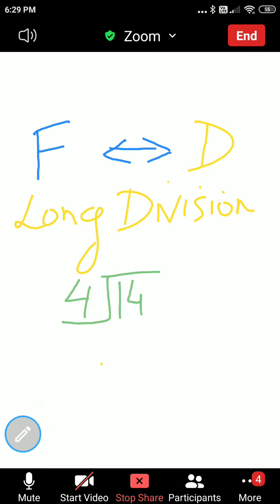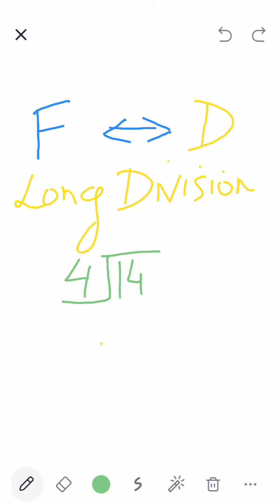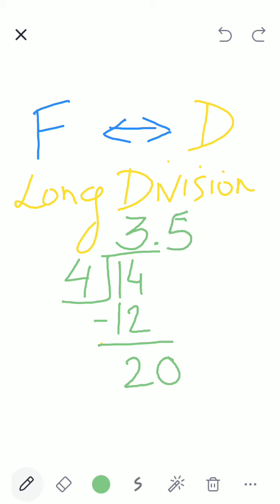Yeah, tell me how to do. 4, 4 3s are 12. Very good. Then I'm adding a 0. 4 fives are 20. 0.